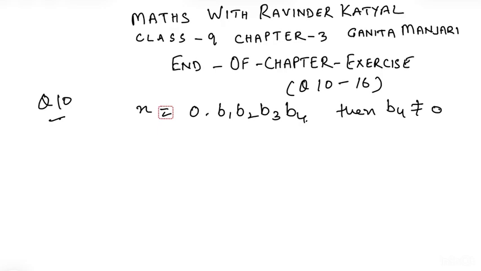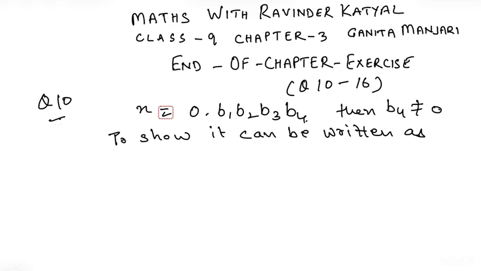To show that such a number can be written in the form p upon 10 raised to power 4, where p is an integer. Then is it necessary that the denominator of this rational number, when written in the lowest form, is divisible by 2 raised to power 4 or 5 raised to power 4? So let us do the proof.